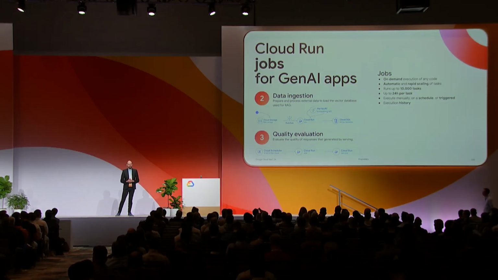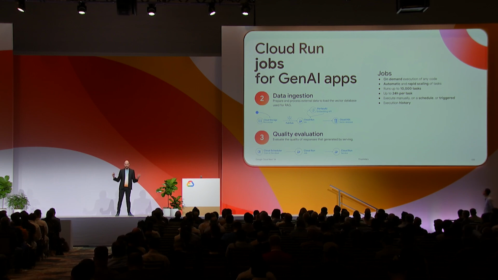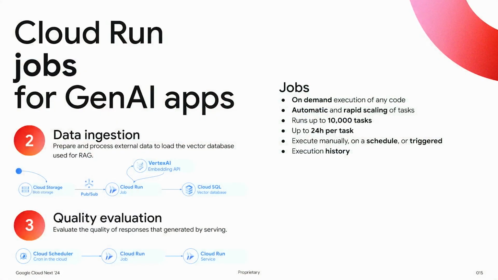So let's talk a bit about the benefits of Cloud Run jobs. Cloud Run jobs are on-demand execution of any code, any container. Like Cloud Run services, they scale to 0 when you don't need them, and when you execute them, you can automatically and rapidly scale to as many tasks as you want, up to 10,000 tasks. Each of those tasks could potentially evaluate one prompt.